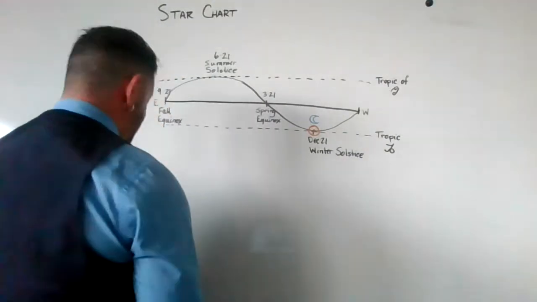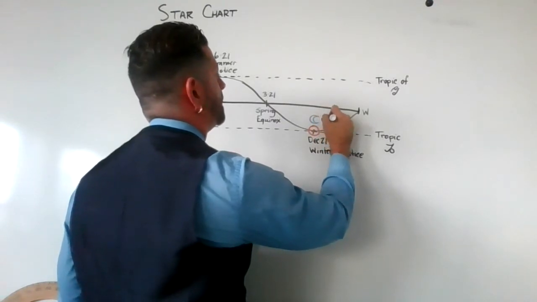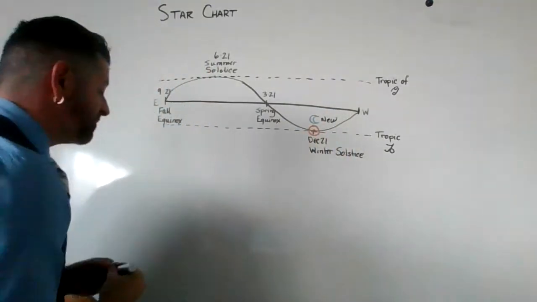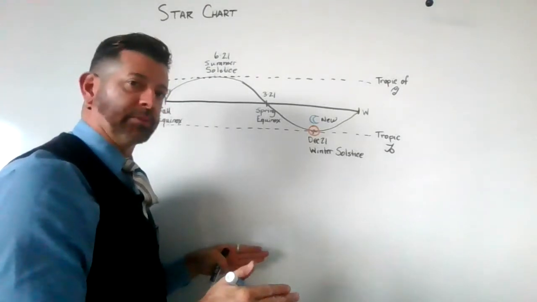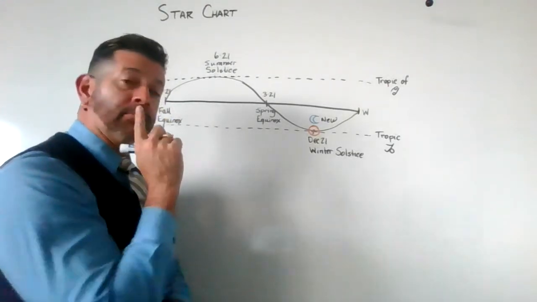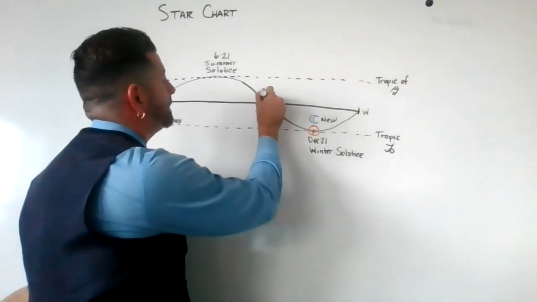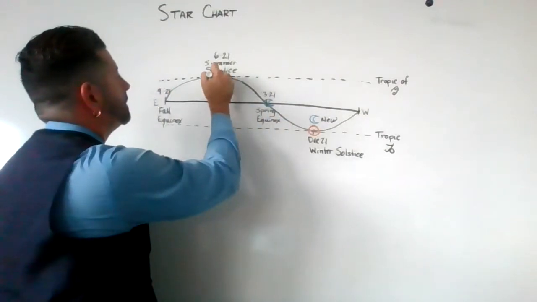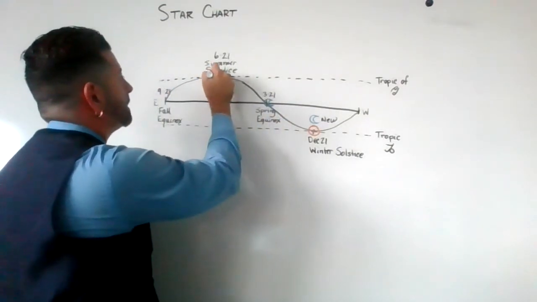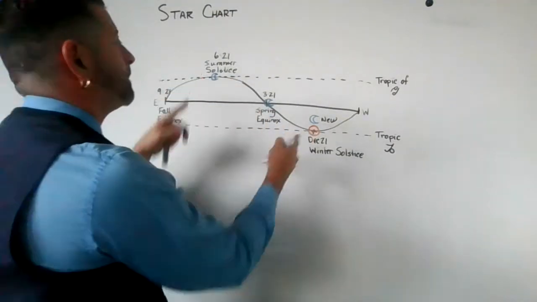So this would be new moon. If it was first quarter, it'd be 90 degrees east, just like the moon moves in its orbit. So where would that be? Yes, very good. Here, at the spring equinox position. And again, if it was full, it'd be here, or 180 degrees away.